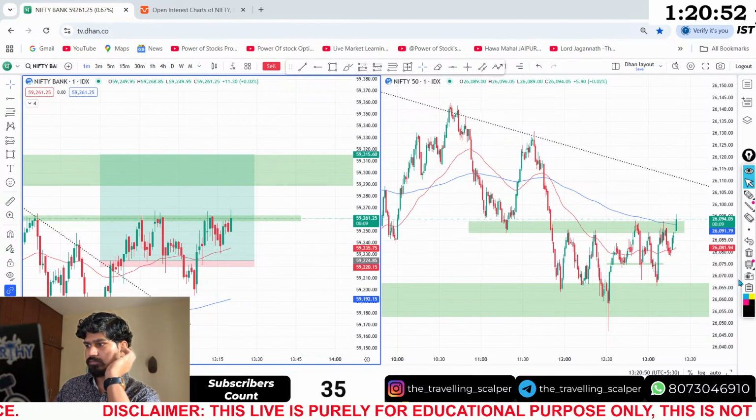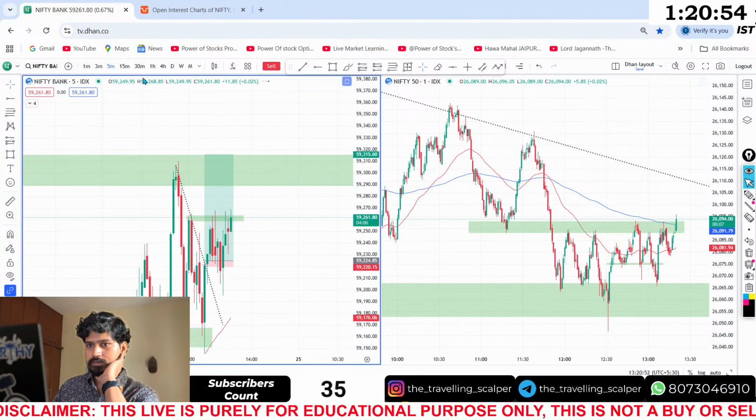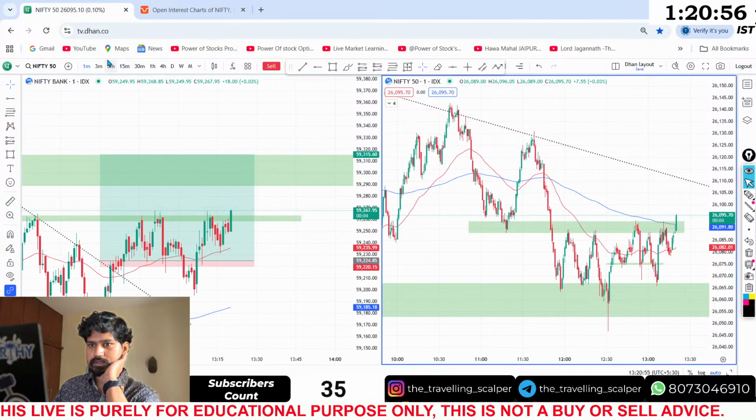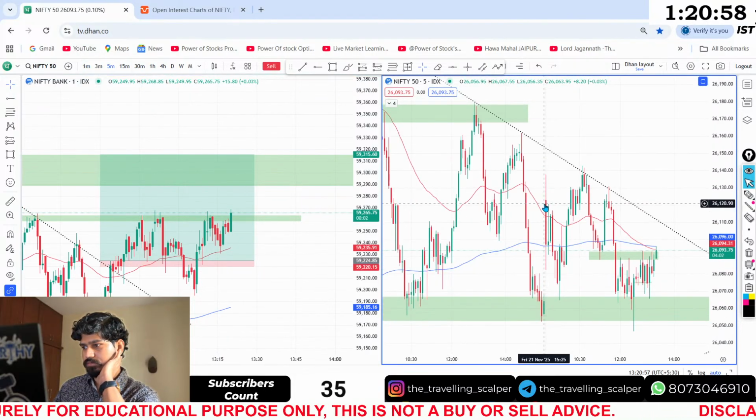Okay, Bank Nifty is moving now. Superb. Nifty, let's see what it is trying to do.